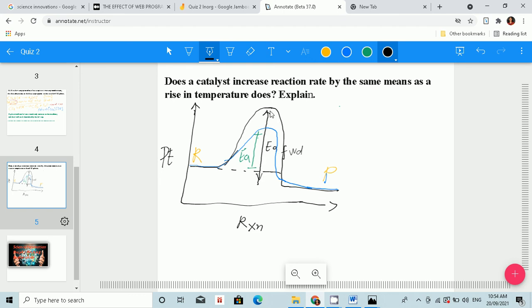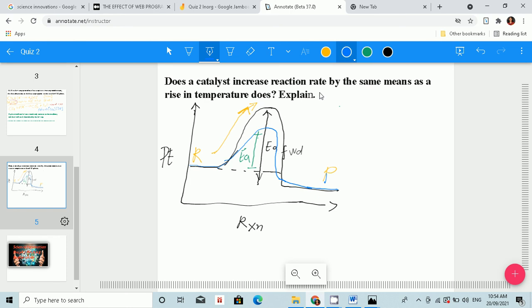It's very high, and when it's very high, the reactant needs to have enough energy to climb, to surpass the barrier, the energy of activation.